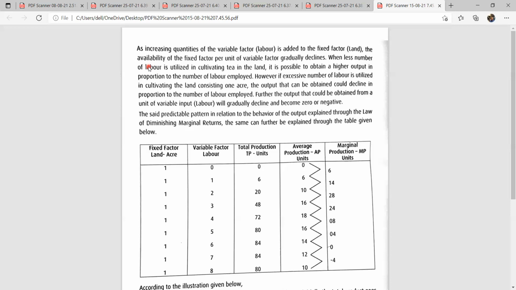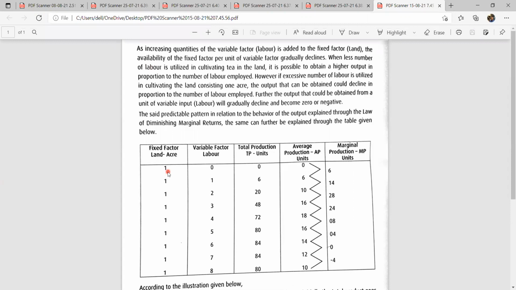Further, the output that could be obtained from a unit of variable input like labor will gradually decline and become zero or negative. These predictable patterns in the behavior of output are explained through the law of diminishing marginal returns. The same can further be explained through the table given below.